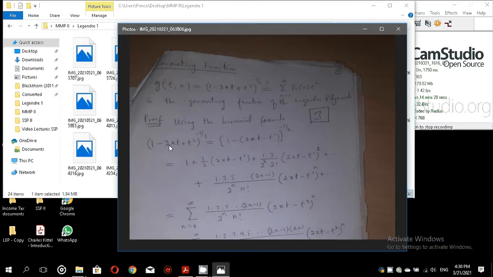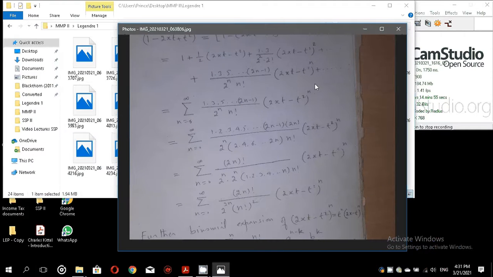We have bracketed the last two terms here, so we have applied the binomial expression that 1 minus x power n is equal to 1 plus nx, etc. You can see that this is the binomial expansion of this function, written as an infinite series.